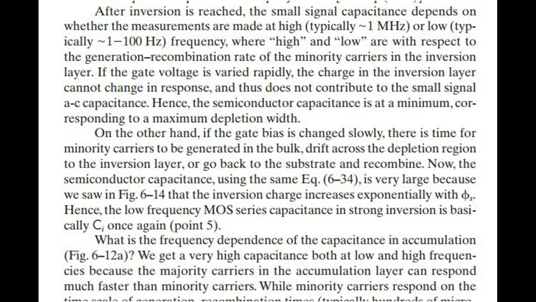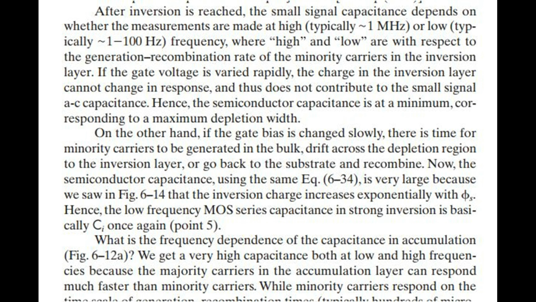What is the frequency dependence of the capacitance in accumulation, Fig 612a? We get a very high capacitance both at low and high frequencies because the majority carriers in the accumulation layer can respond much faster than minority carriers.